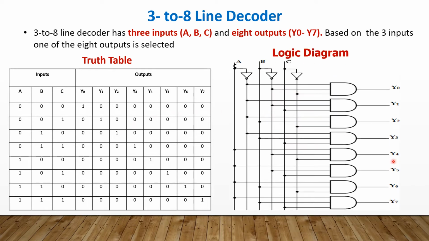Here is the corresponding logic diagram for the 3 to 8 line decoder. When all three inputs A, B, C are equal to 0, Y0 is selected, so that we get A bar B bar C bar. Similarly, we get the output from one among the output terminals based upon the input.